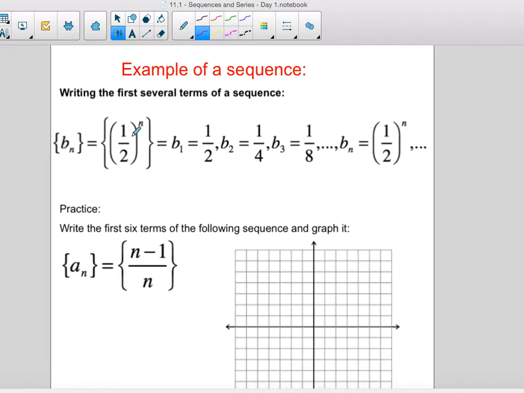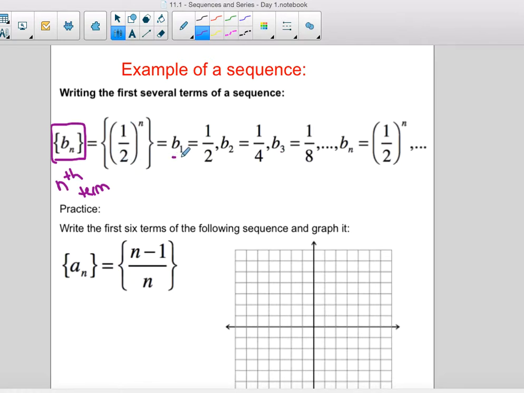All right, so an example of a sequence, right? This would tell you b sub n, or a sub n, whatever letter we use, what we call the nth term, right? So the nth term basically just says, okay, if I plug in n, it gives us the formula for the nth term. It's 1/2 to the nth power.